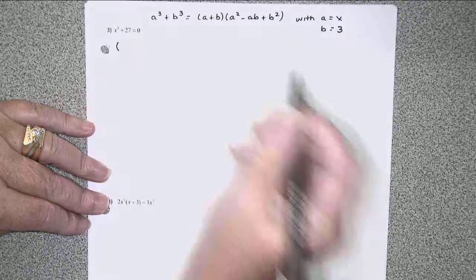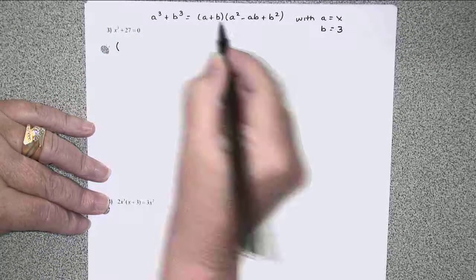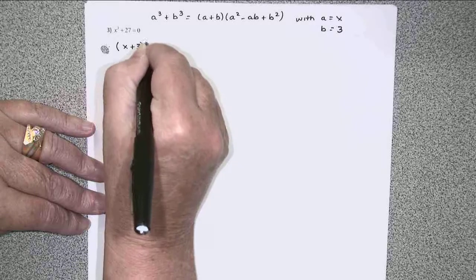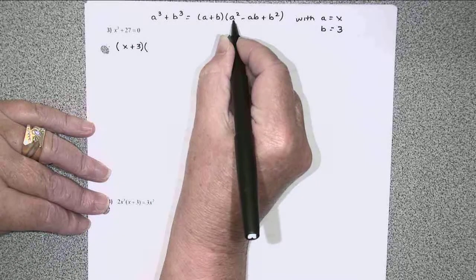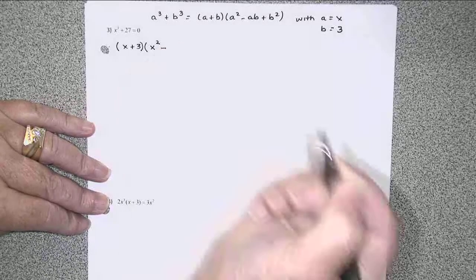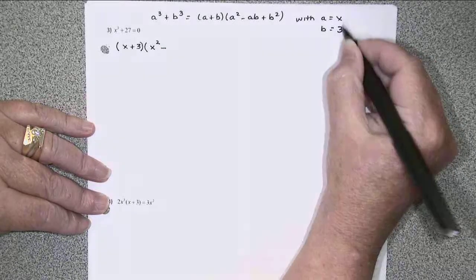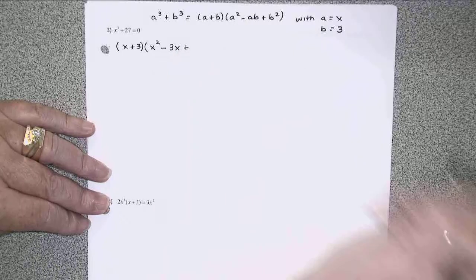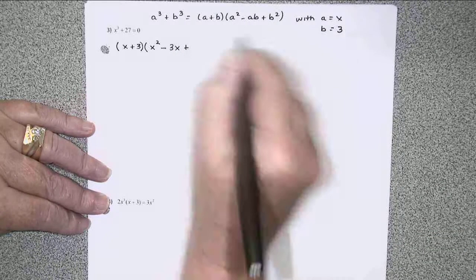So my factored form, a plus b, is x plus 3, times a squared is x squared, minus a times b, 3 times x, plus b squared would be 9.